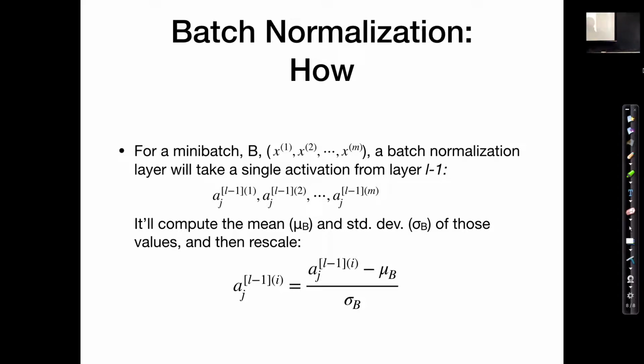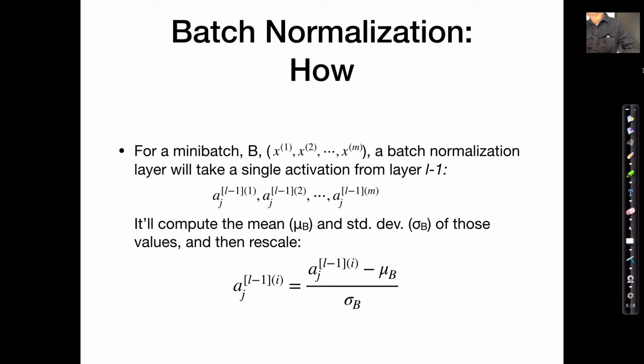So we'll compute the mean and standard deviation of this mini batch. It's an approximation of the true mean and standard deviation across all. But we've got this mini batch. And then we'll rescale. So we're going to calculate mu sub b, that is b for the mini batch, sigma sub b, the standard deviation for the mini batch, and then just rescale all our values.